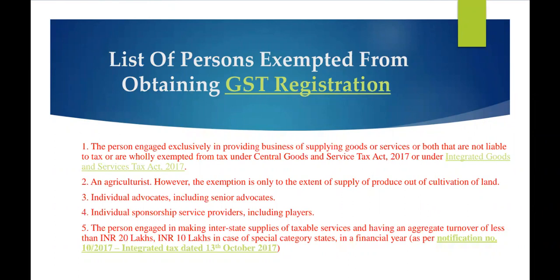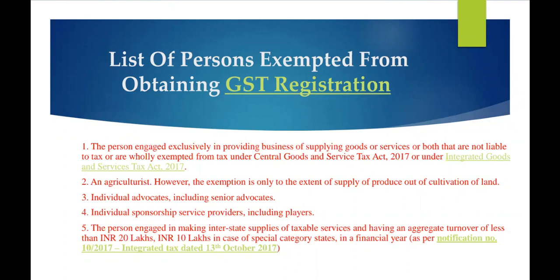The persons engaged in making an interstate supply of taxable services and having an aggregate turnover of less than 20 lakhs, right? A person having an aggregate turnover of less than 20 lakhs, and 10 lakhs in case of special categories, which is notified dated 10/2017, integrated tax dated 13th of October 2017.